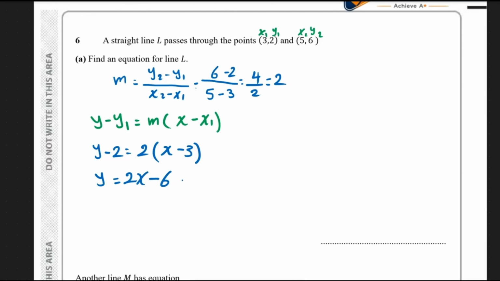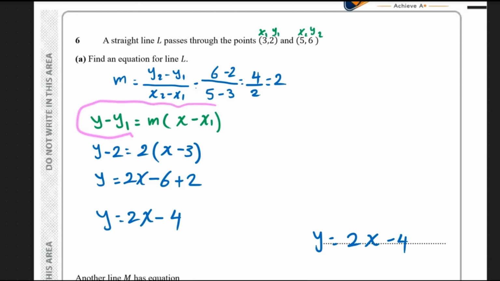So the equation now is y = 2x minus 6 plus 2, which is minus 4. So this is your answer: y = 2x - 4. I believe this equation is easier and avoids any confusion afterward, but again, it's up to you which equation you would like to use here.